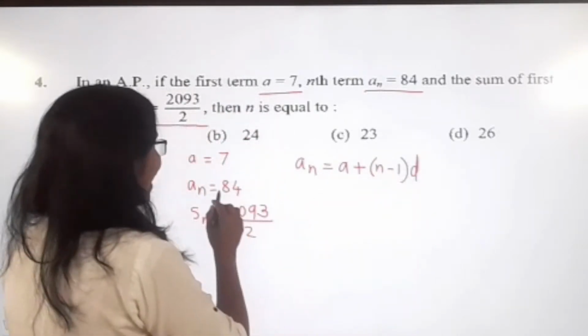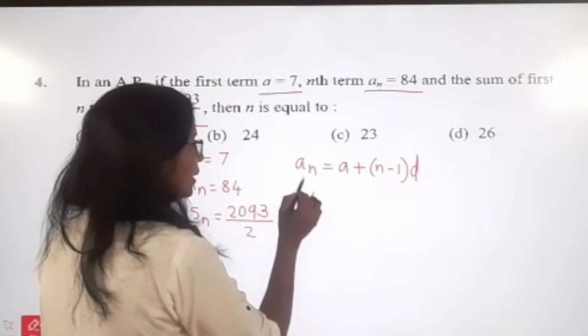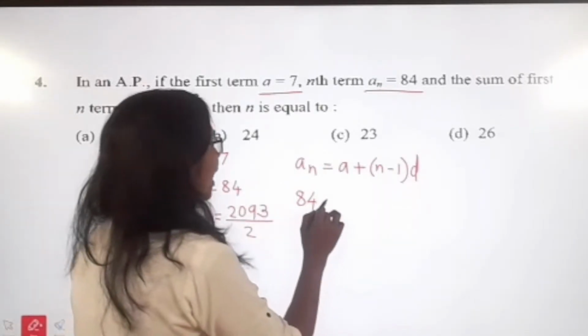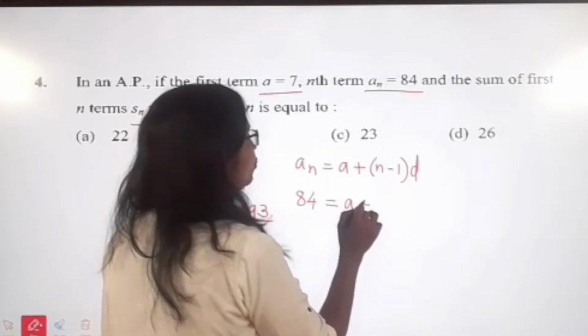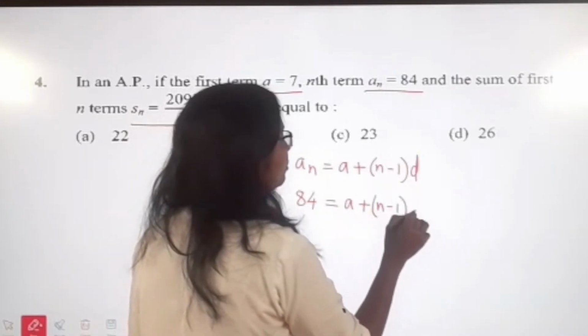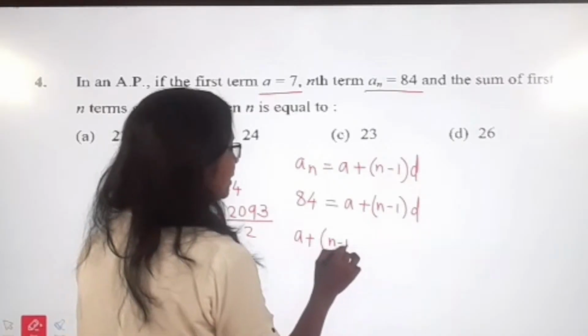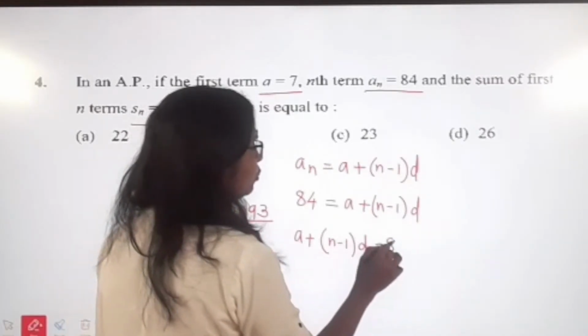Okay students, so here at the place of an, I can put 84. So 84 is equal to a plus n minus 1 d. That means a plus n minus 1 d is equal to 84.